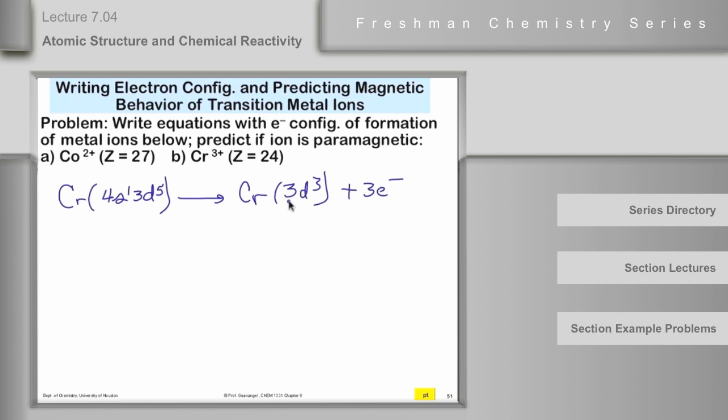Okay? Is it paramagnetic or diamagnetic? Draw the box diagram. Don't leave anything to chance. It's an awful lot of credit lost for lack of correct electron configuration in the third midterm. 3D3, easy. There it is. 3 unpaired electrons, and it too is paramagnetic.